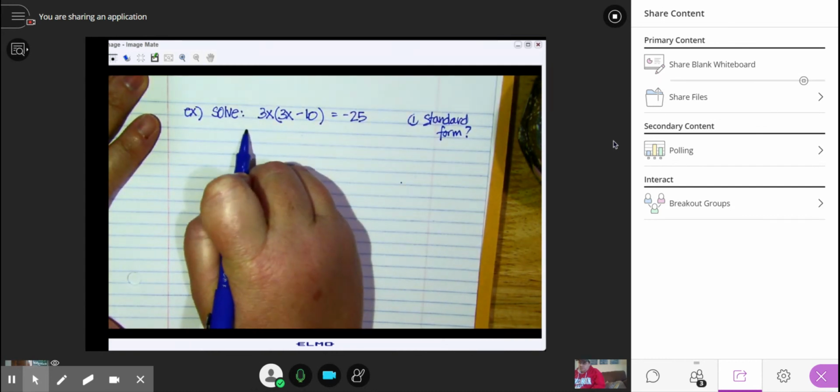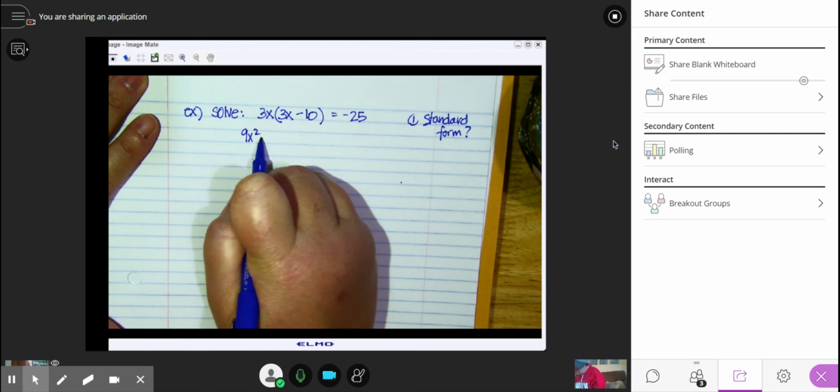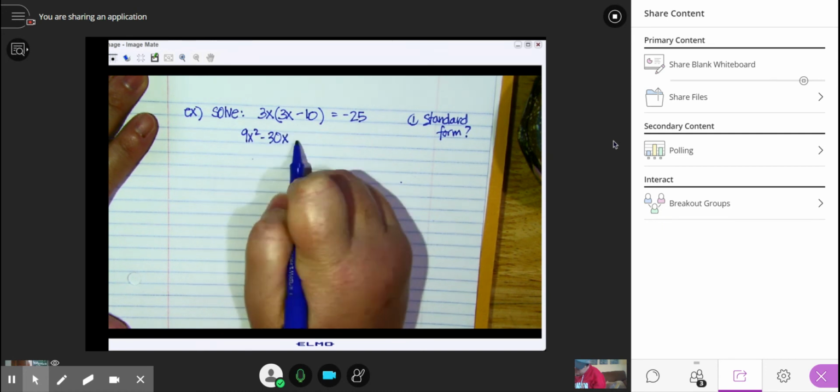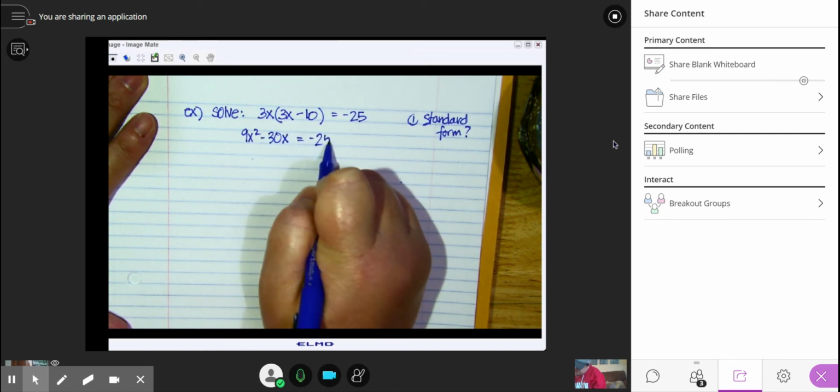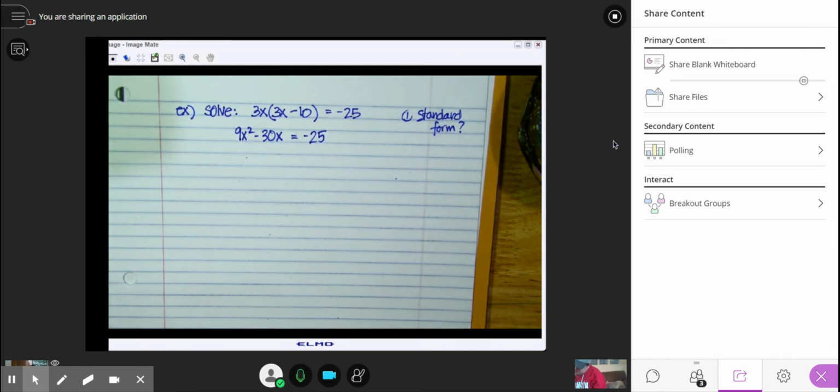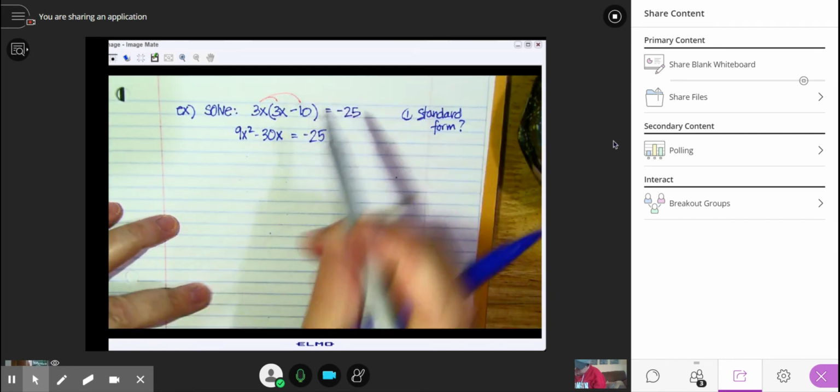That's going to be 9x squared minus 30x is equal to negative 25. Basically, all I did was distribute.